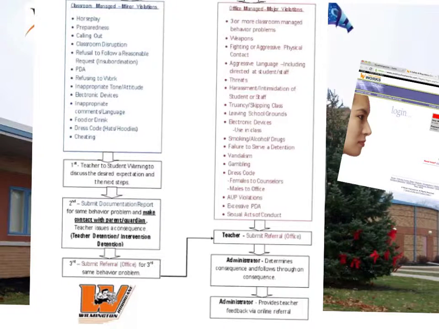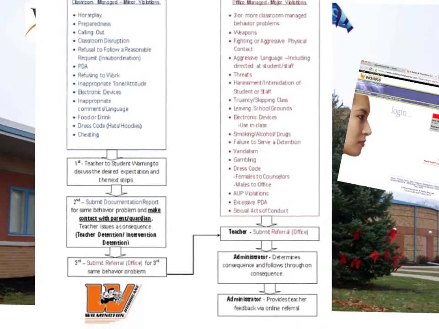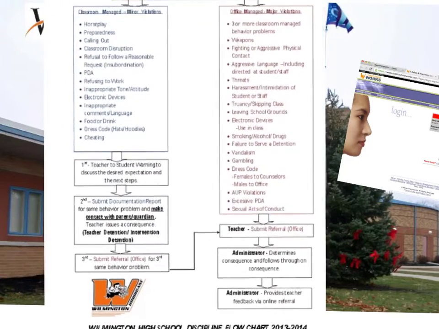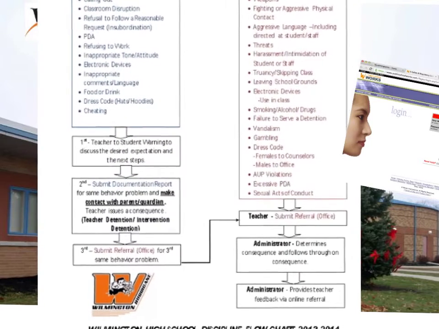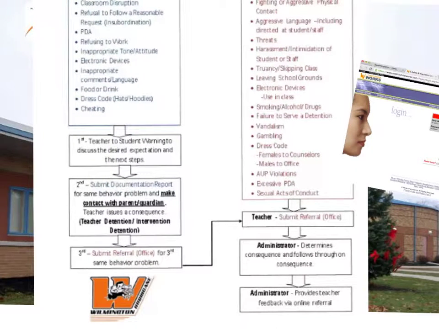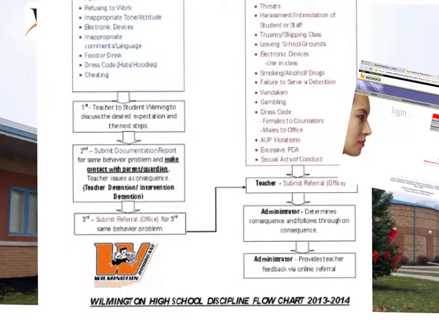Going back to the flow chart, we want to focus on the minor infractions for what we're going to talk about next. If there's a minor infraction, the first step is for the teacher to have a discussion with the student about the desired expectation and what will happen if there's a repeat occurrence of the infraction.